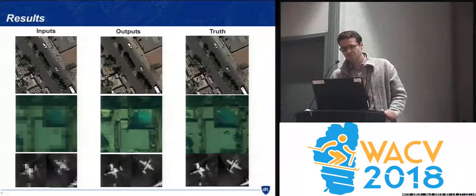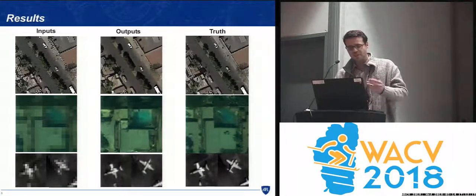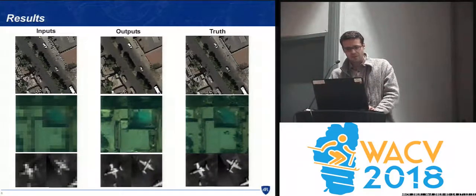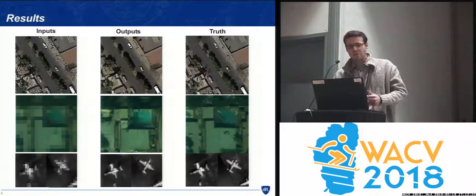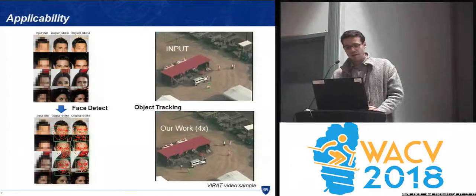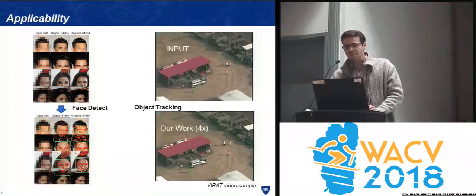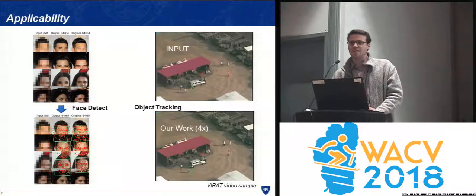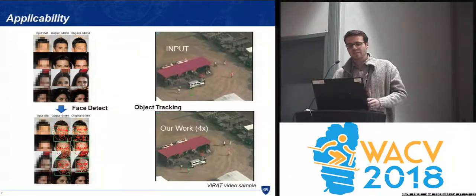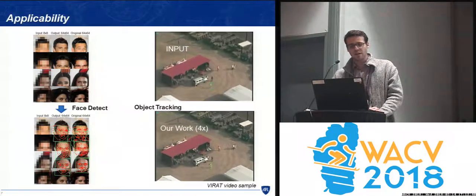So here are some results of the approach for different types of images, multi-band and panchromatic bands, for different factors of resolution increase. To put it in context, we've also applied the same methods to our more known data sets like the face data set, and as I said earlier, these algorithms can have implications on capabilities for other algorithms.